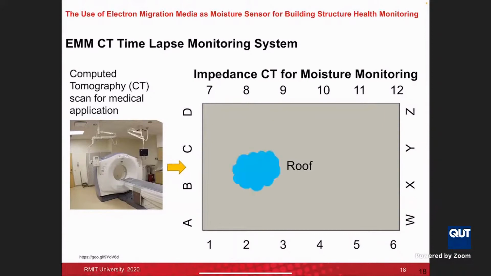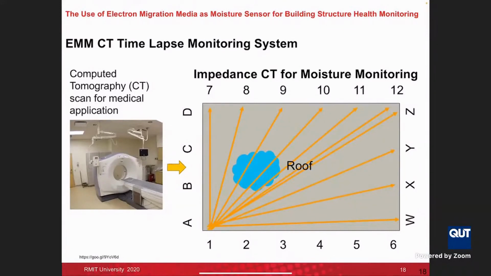We measure, for example, when there's moisture on the roof. We use channel 1 to input voltage inside the EMM and measure the impedance along the other channels, and then we get some data.